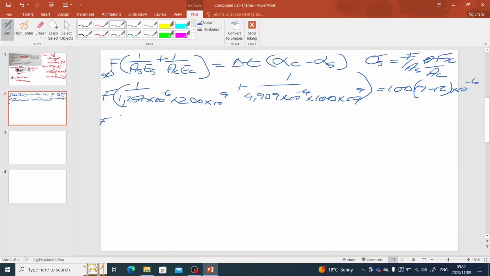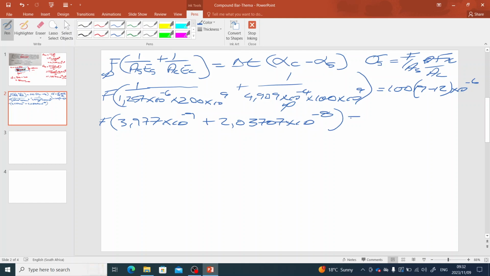Then it is F open bracket. When we punch in the first value, 1 over area multiplied by Young modulus, I get my answer as 3,977 times 10 to the power negative 9, plus, on this side, I get my answer as 2.03707 times 10 to the power negative 8, close bracket.